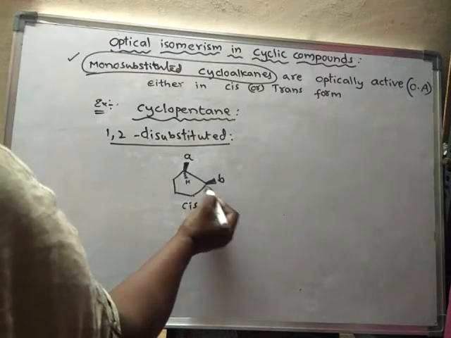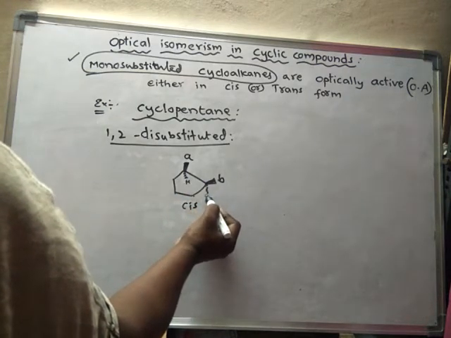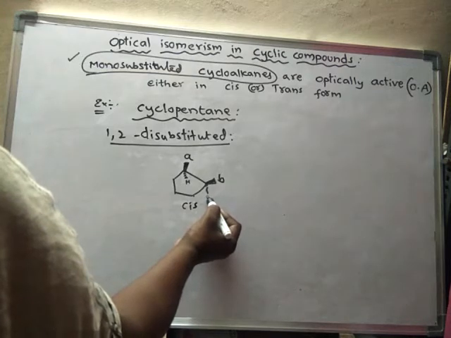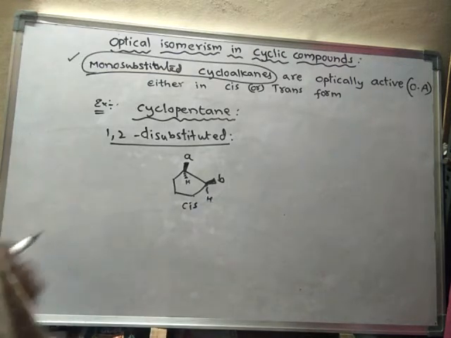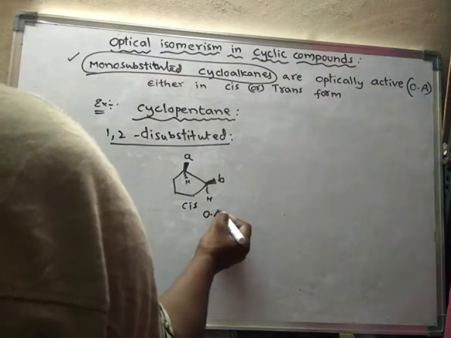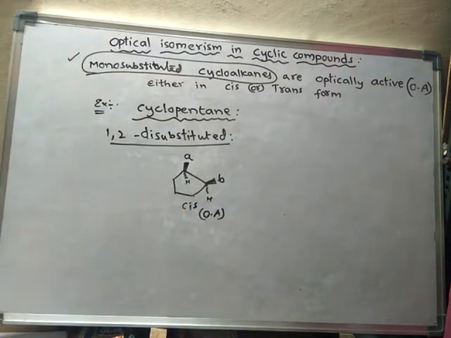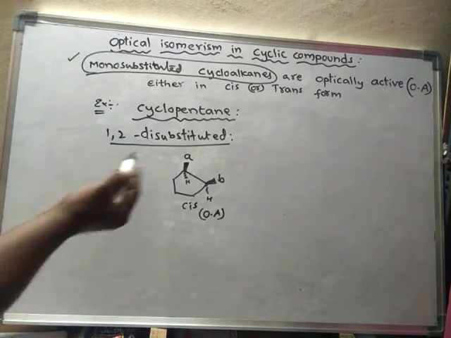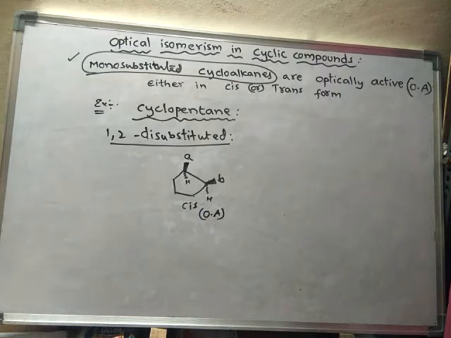So when two hydrogens are below the plane, hence it is the cis form. The cis form is optically active because these two groups are different groups. Hence there is no plane of symmetry or center of symmetry or any elements of symmetry.